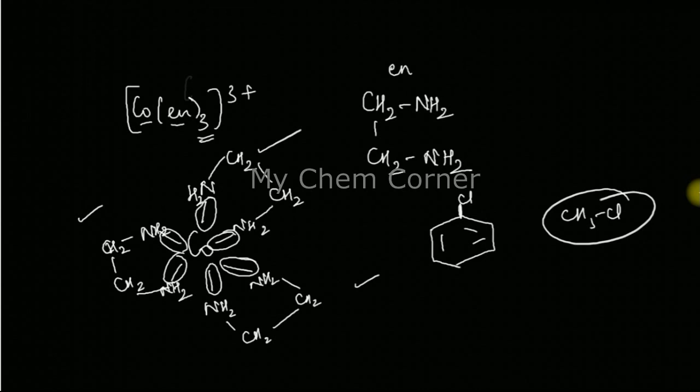Remember one thing: whenever you look at chlorobenzene or any aromatic system, the first thing that should come to mind is resonance structures. Since chlorine has lone pairs of electrons, they will be involved in resonance, and therefore you will form a partial double bond.